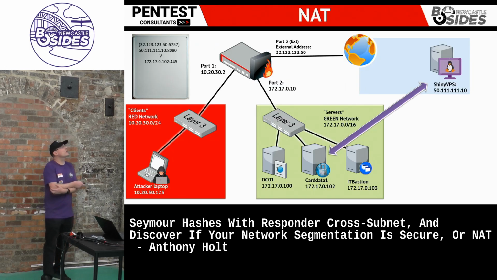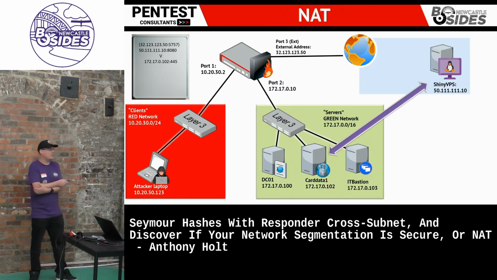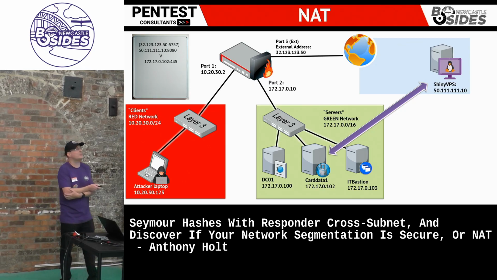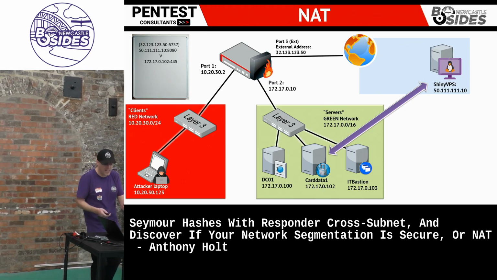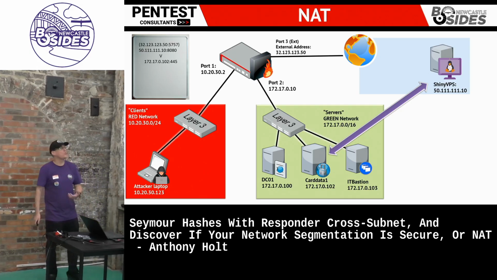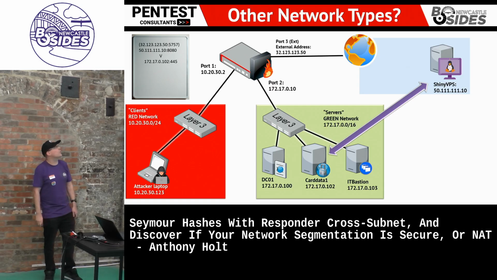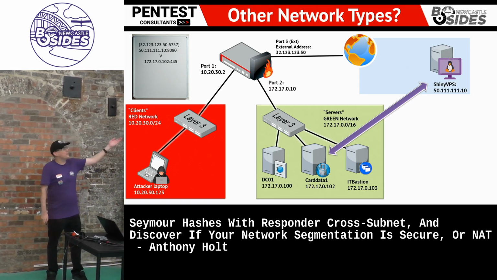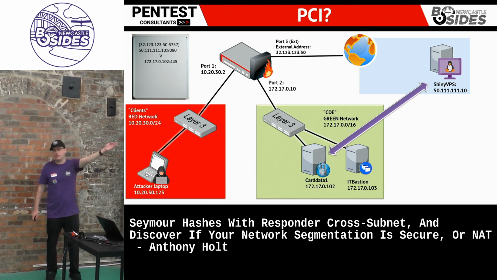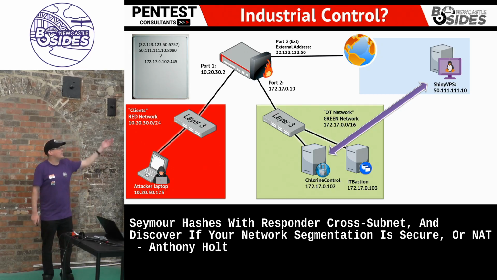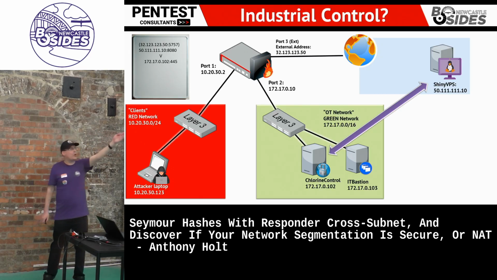So, we've got a command and control between these two machines, and going back to what really freaked me out when I first saw this attack and understood what was going on, I thought, well, what if this isn't clients and servers? What if this is a client range and a card data environment? What if this is a client network and operational technology?